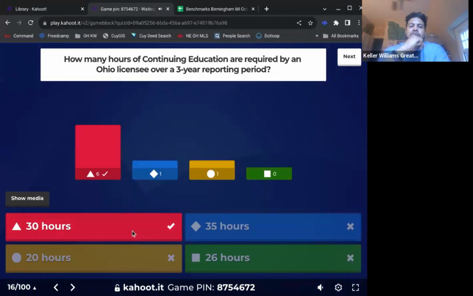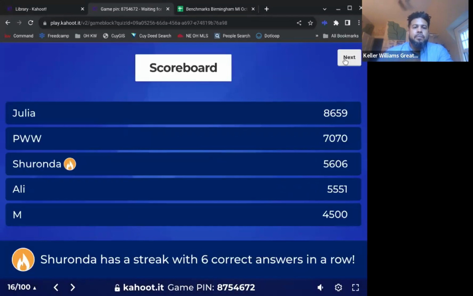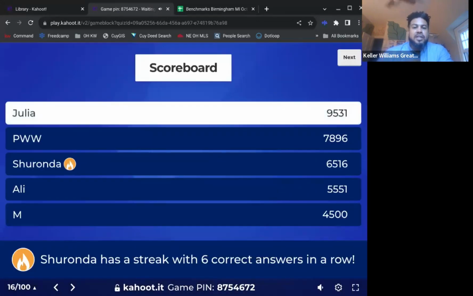Yeah, so it's 30 hours over 3 years. So it's 10 hours a year, essentially. Some things you'll just have to remember. 30 hours over 3 years is the requirement.